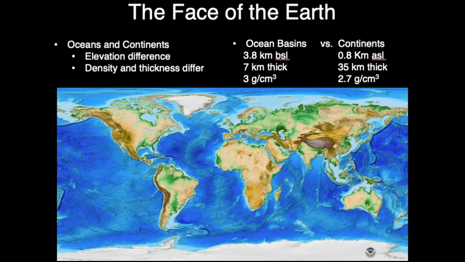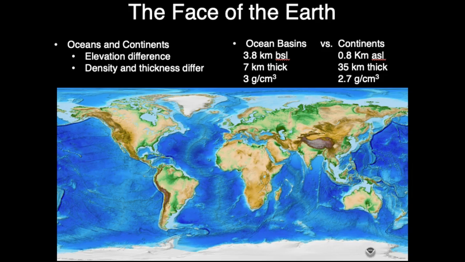For continents, the average elevation is going to be 0.8 kilometers above sea level, for the most part being flat features, but you do have obviously mountain ranges that we see throughout, which is what brings up the average elevation above sea level.